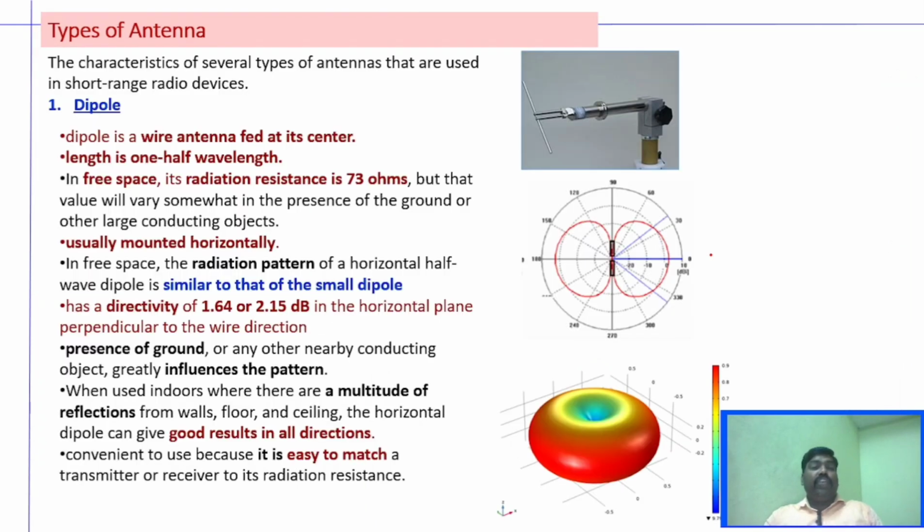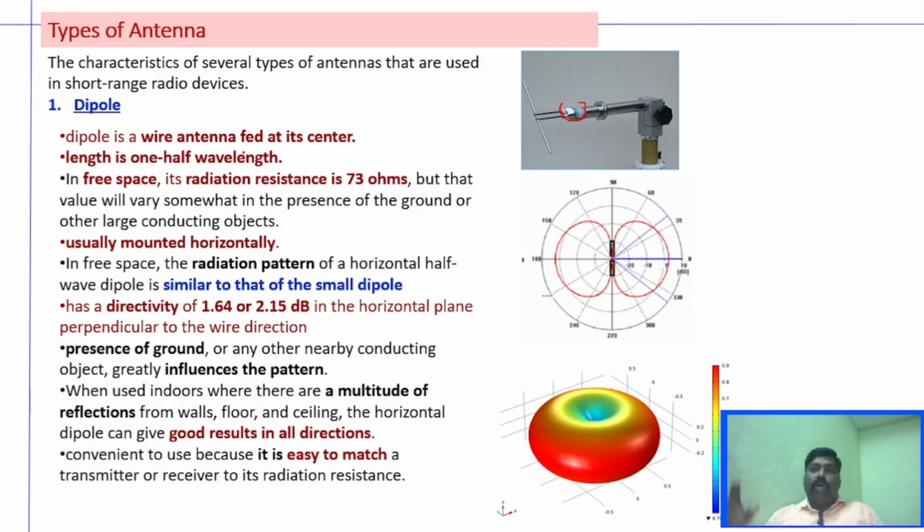And coming to features of dipole antenna, dipole is a wire antenna fed at the center. As I said, it will be fed at the center, and it has one half of the wavelength, and the radiation resistance of this dipole is 73 ohms, which is very good, but it will be influenced by the presence of ground or any particular objects which are present in and around that particular antenna.